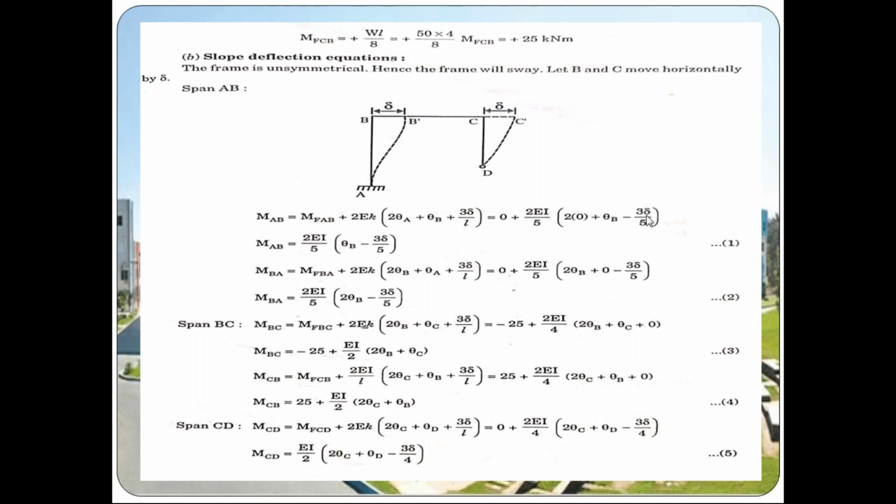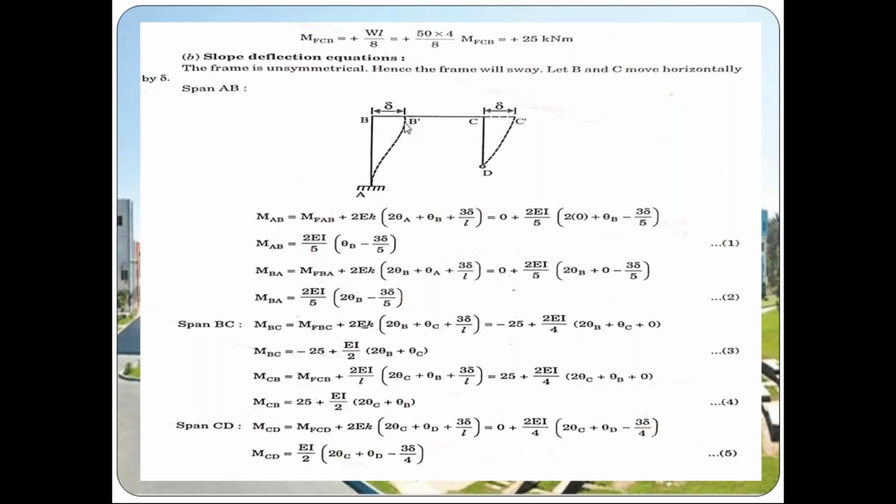Here the delta denotes the sway. Normally in the slope deflection equation, the delta denotes the settlement. If the problem is a continuous beam, there the settlement denotes the delta, but in frames, portal frame, it's sway. So here the delta denotes the sway.